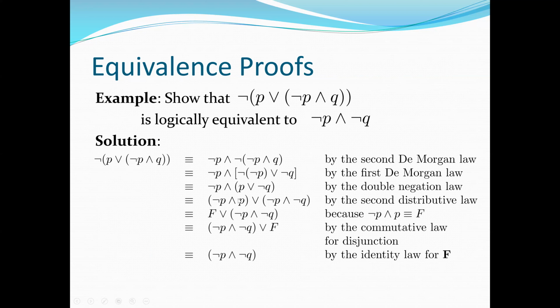Then I have not P and not Q. What I did here is apply the commutative law, exchanging the position. So (not P and not Q) or F. Using the identity law, if I have P or F, the answer will be P. So here we have not P and not Q, which is what we wanted.